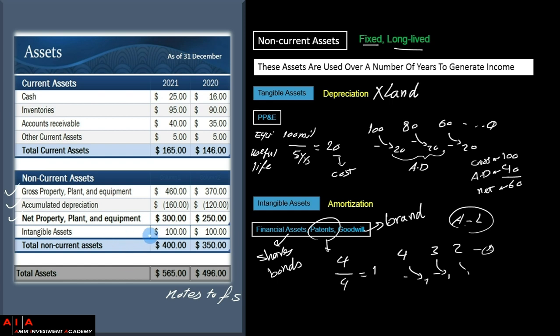Probably in terms of the intangible assets, what we are holding are financial assets, like shares of another company that are theoretically unlimited in terms of their expected useful life. And that is the only scenario, whether tangible or intangible, in which we do not depreciate or amortize, if you can recall from the last video, right? Okay, I think that's clear enough. Let's move on to the liabilities.